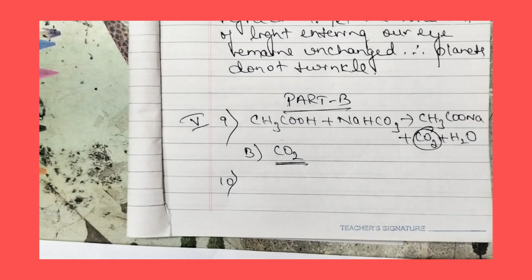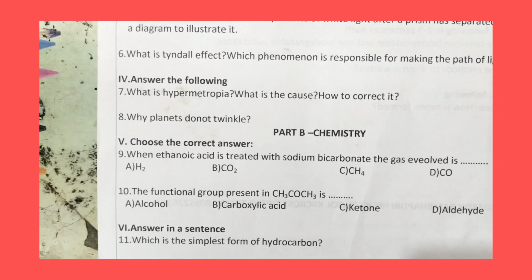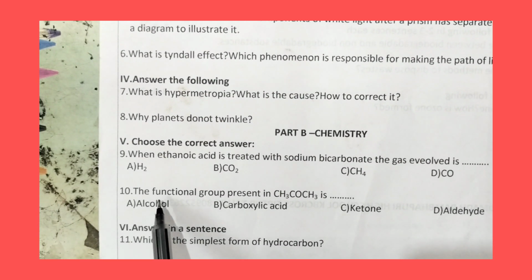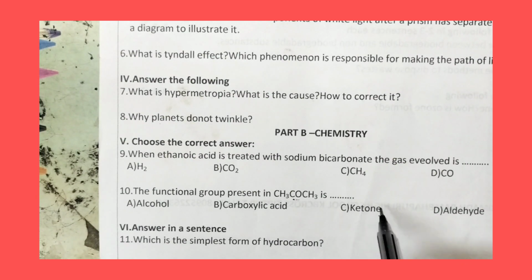Now let us move to question number 10. The functional group present in CH3COCH3 is alcohol, carboxylic acid, ketone or aldehyde. So here CO is there. CO means it is a functional group called ketone.